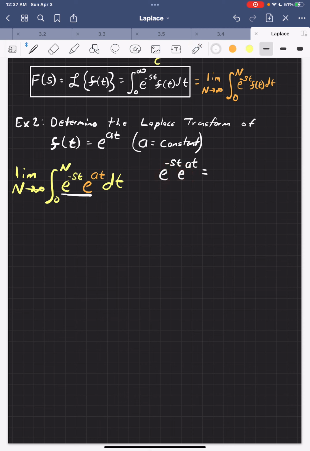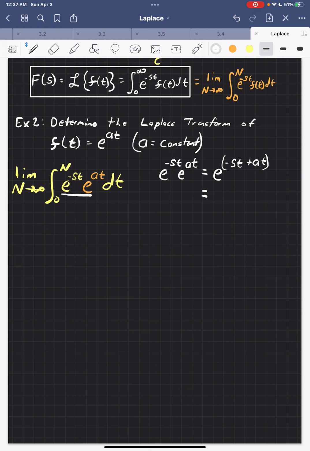So you can see this becomes e to the negative st plus at, right? E to the negative st plus at. And then all I'm going to do is factor out a t. In fact, I think I'm going to factor out a negative t.